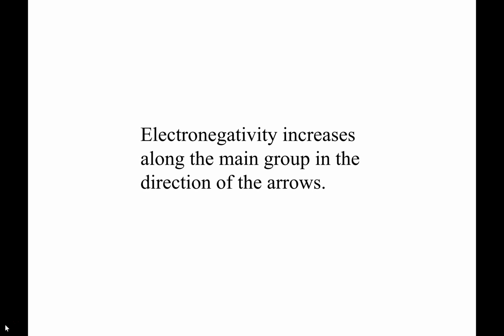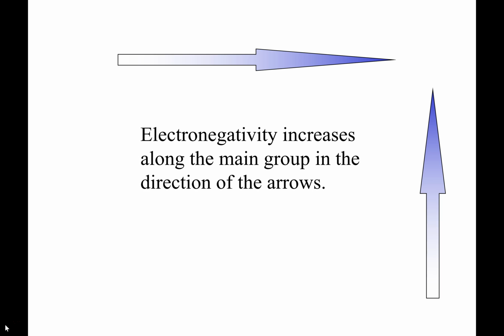Electronegativity will increase across the period from left to right. So electronegativity increases this way. And the way I like to look at it is that electronegativity increases as you go up the group. So we kind of have a meeting of electronegativity. It's like chewing gum and walking at the same time. So electronegativity has that trend.